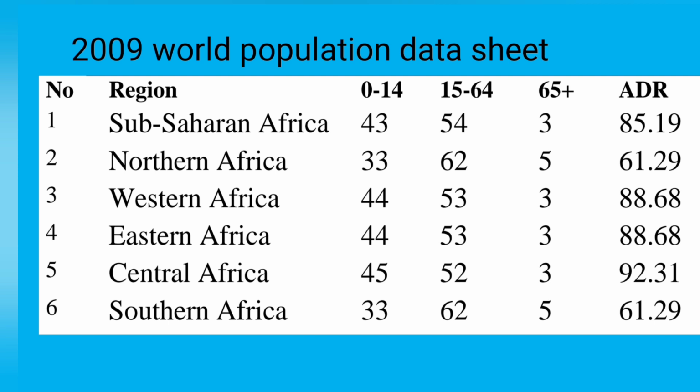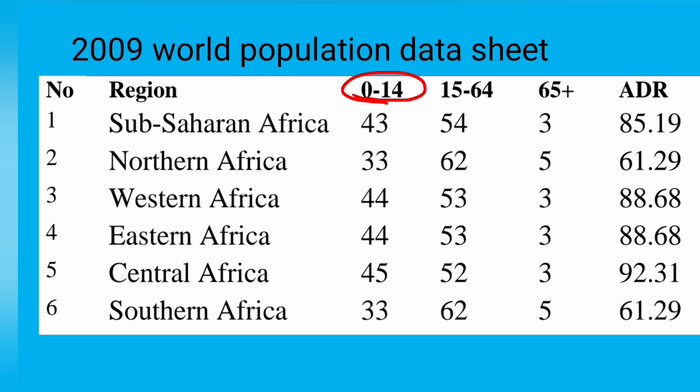According to this datasheet, Sub-Saharan Africa has about 43% aged 0 to 14 years, whereas the 15 to 64 age group is about 54%.